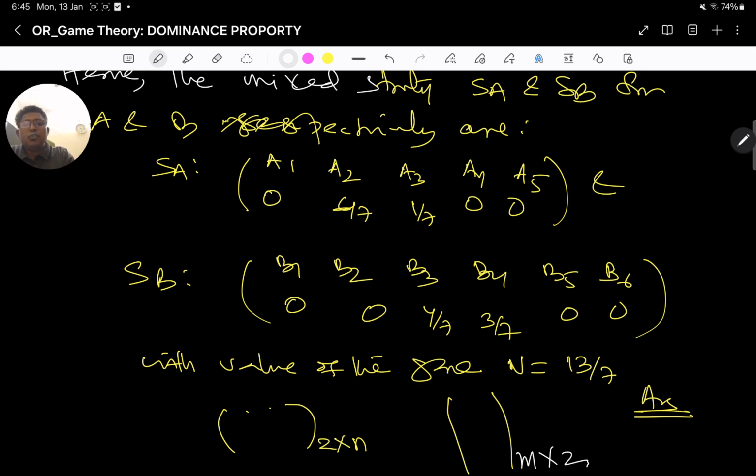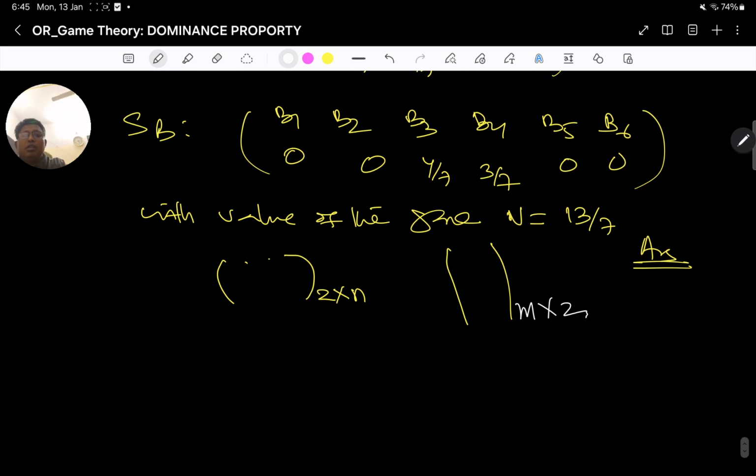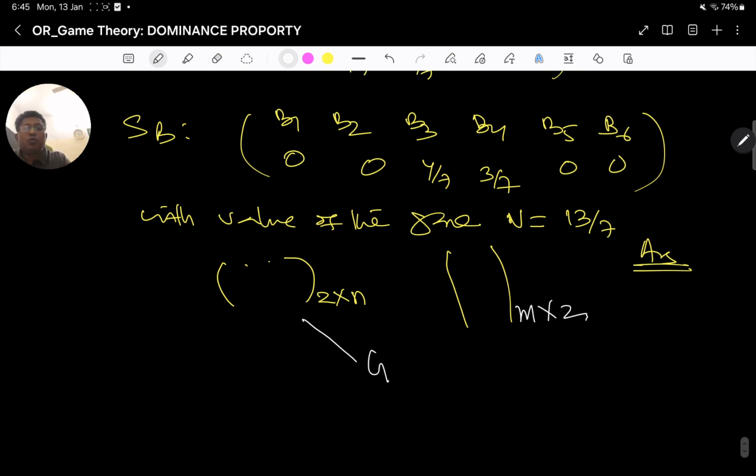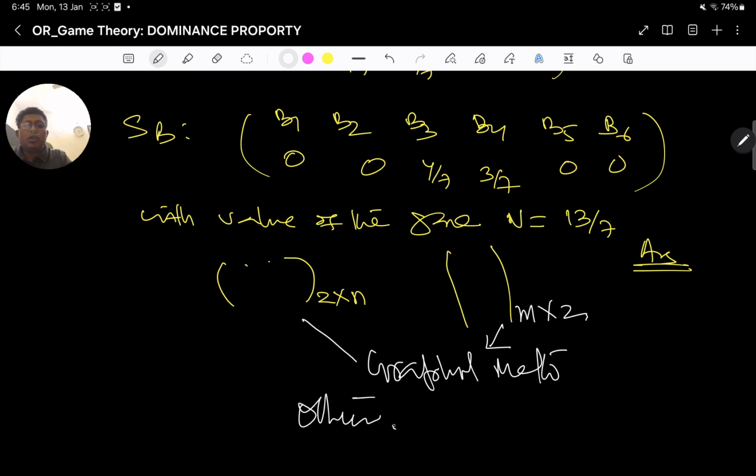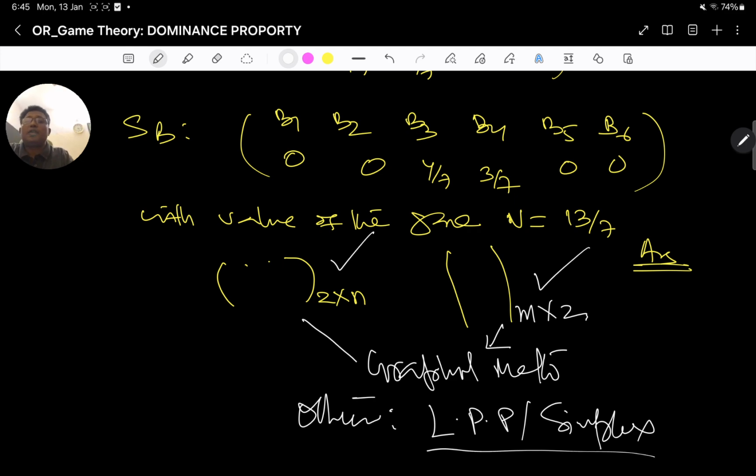Then in both these cases we use the graphical method. And if the problem is not solvable by any of these methods, otherwise we have to use the LPP technique and the simplex method. Okay. So in my subsequent video, I will discuss the 2 cross n and m cross 2 cases, followed by the simplex method.